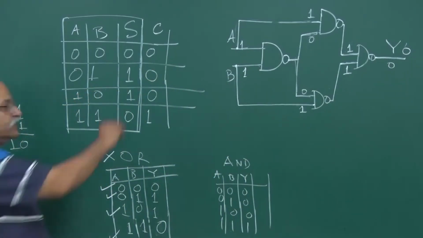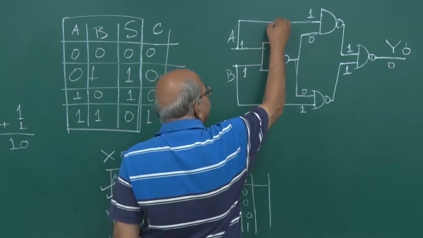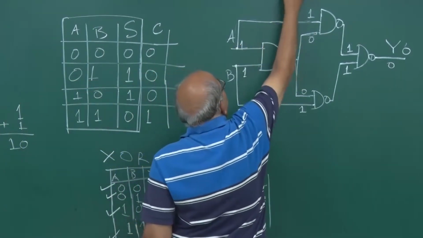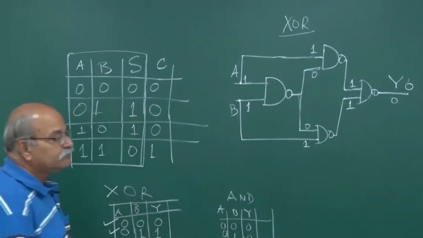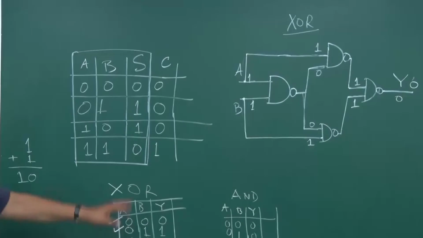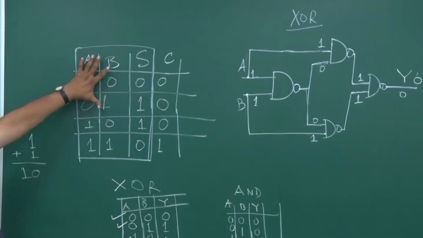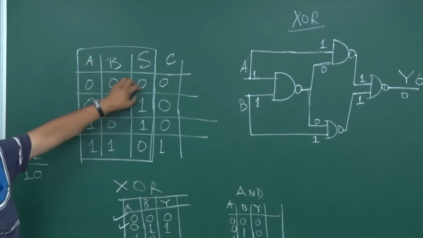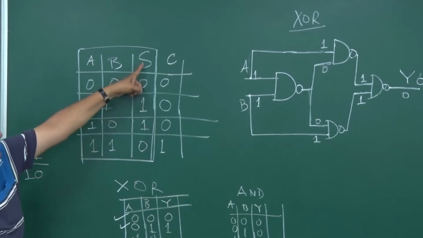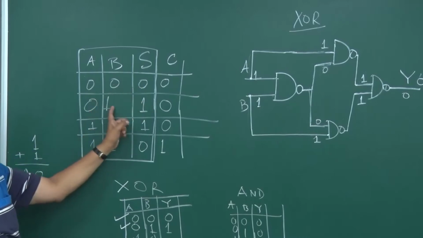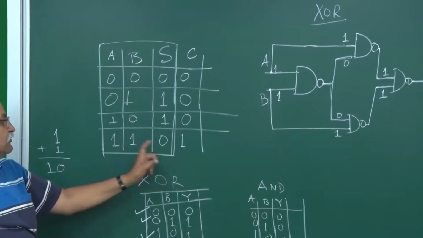Okay. So this is the circuit realized with NAND gates and this is XOR. And this is also the sum. If I take this arithmetic addition, it is this S: 0 0 gives 0, 0 1 gives 1, 1 0 gives 1 and 1 1 gives 0.